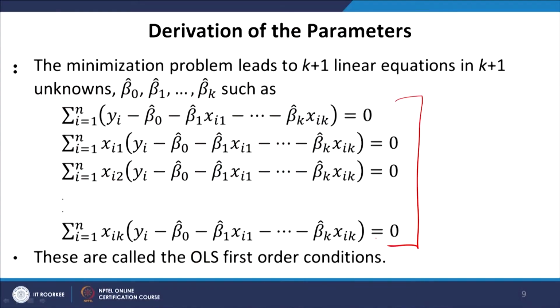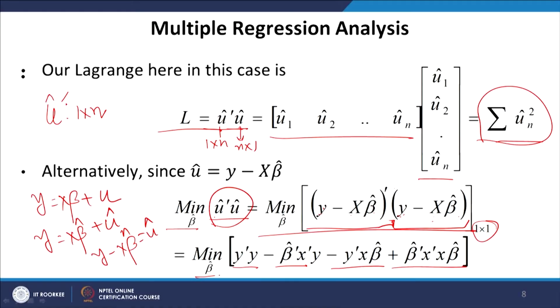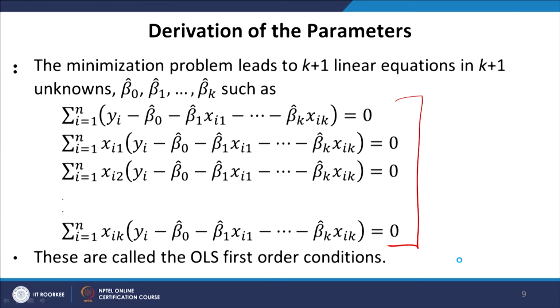These are the equations that we obtain when we take the first derivative of this expression with respect to individual betas. These are called the OLS first order conditions, very similar to the OLS first order conditions that we had obtained in the case of simple regression. There we had only 2 first order conditions, now here we will have k plus 1 first order conditions.